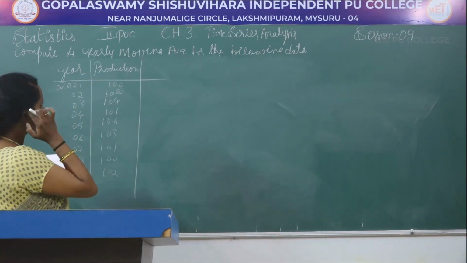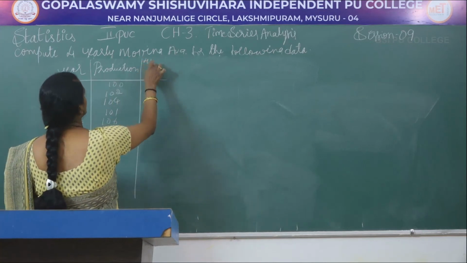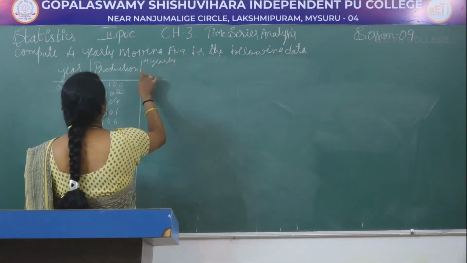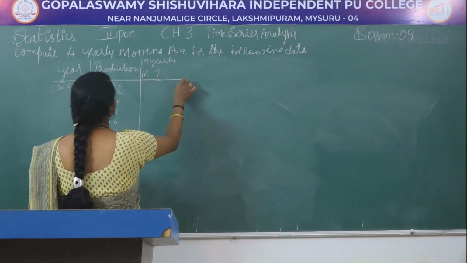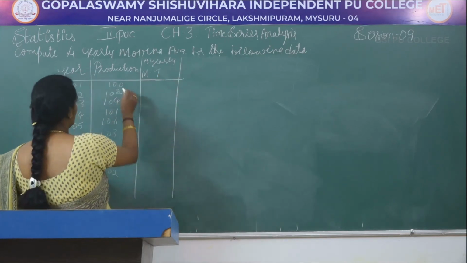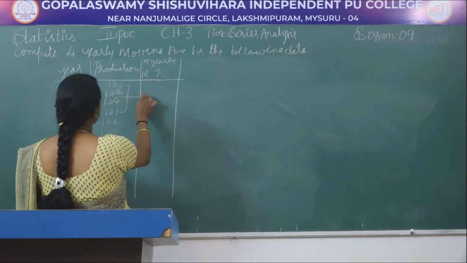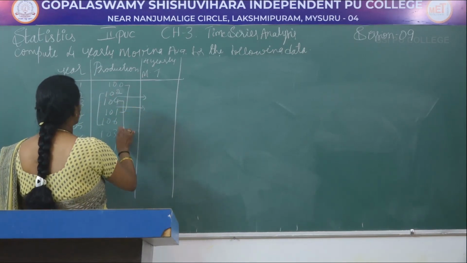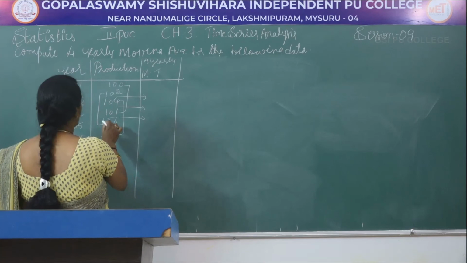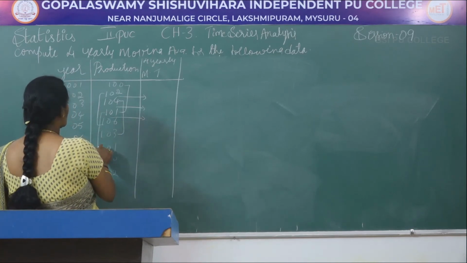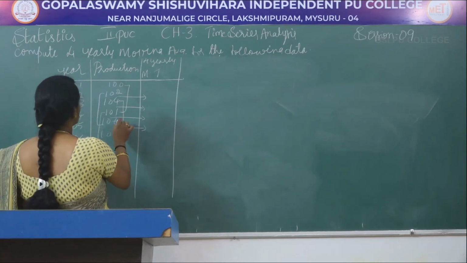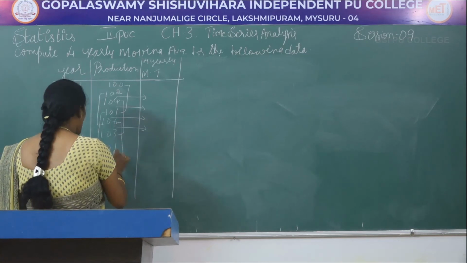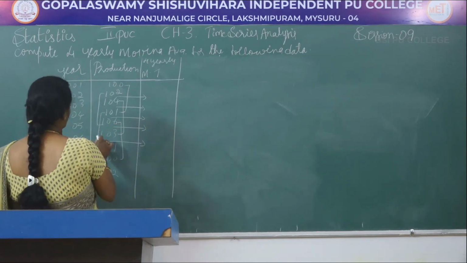The next step is 4-yearly moving total. In each and every problem I am showing this, so that you understand how to add the numbers and how to write that in the correct position.